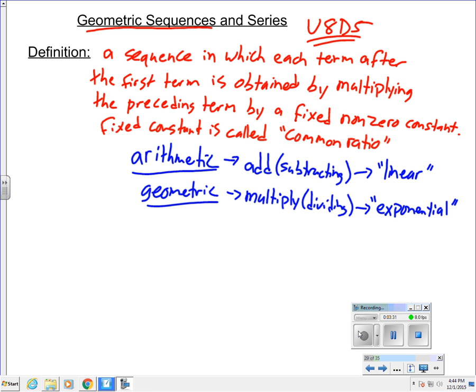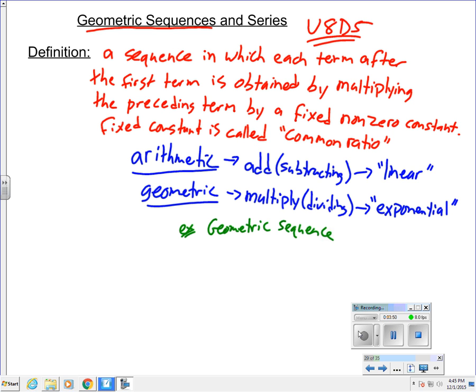So, an example of what a geometric sequence would look like. We have a few examples.